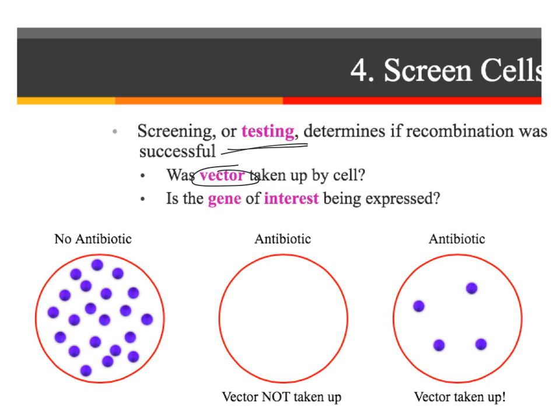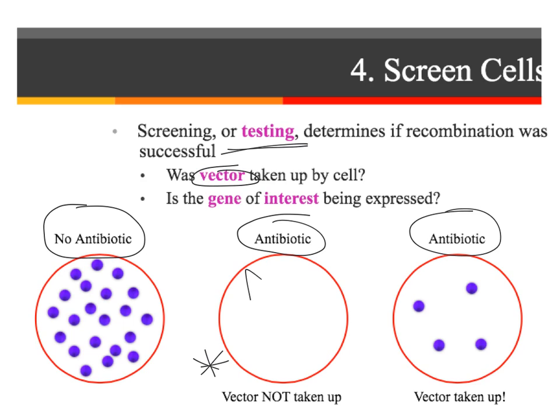So if we look at these different plates, obviously if we don't add antibiotic to the plate, you're going to get millions and millions of bacteria, ones that took up the plasmid and ones that didn't take up the plasmid, growing here because there's nothing to kill it. Here, in both of these situations, you've applied antibiotics. If the vector was not taken up, you are going to have no growth.